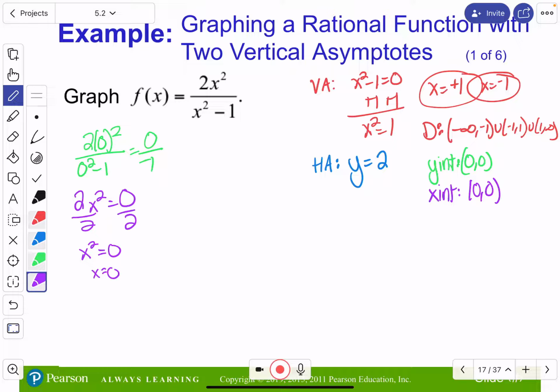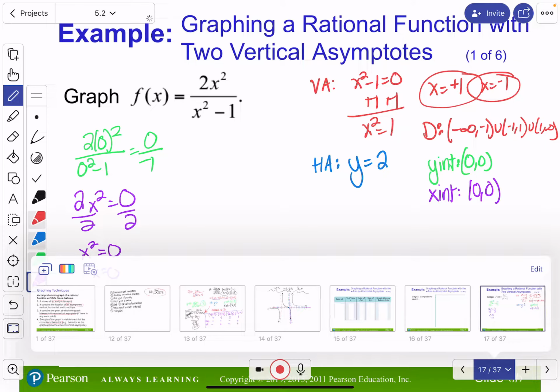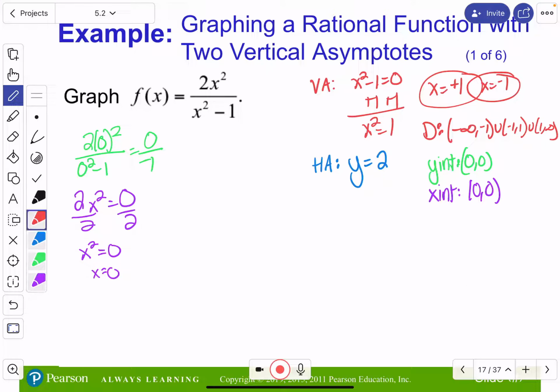We test for intersection points with our horizontal asymptote by setting the original equation equal. So since it's 2 this time, we're going to say 2 equals our equation. Multiply both sides by that denominator.